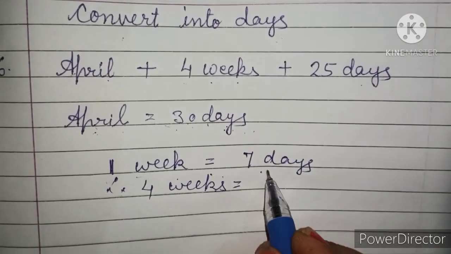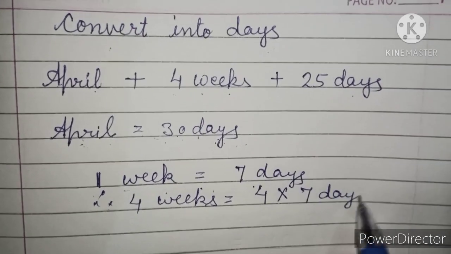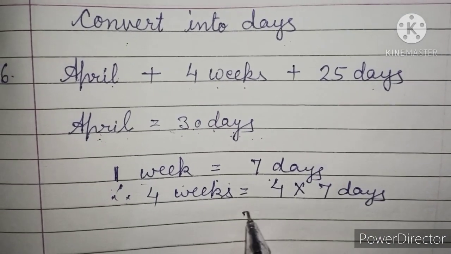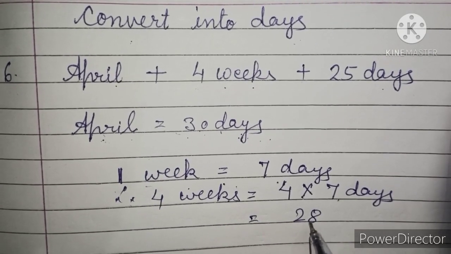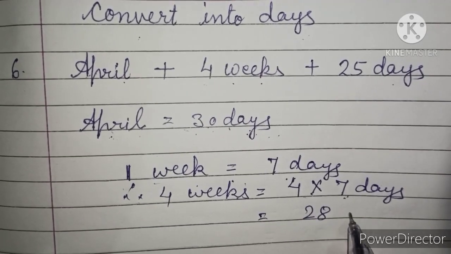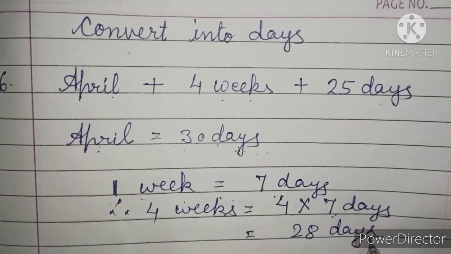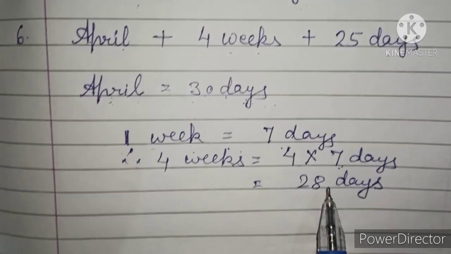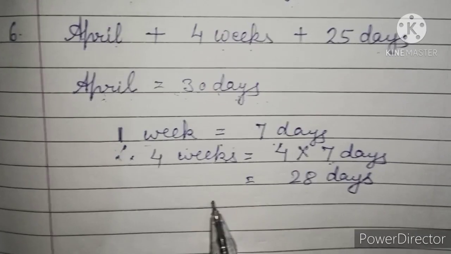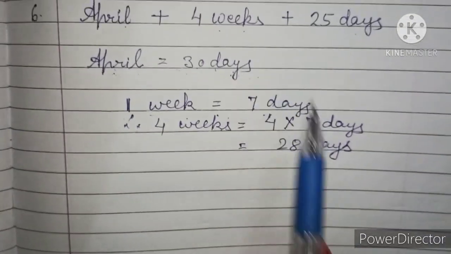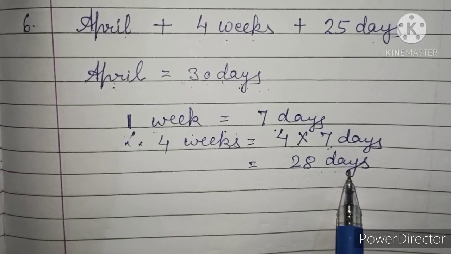So children, we have to write here 4 multiplied by 7 days. So tell me, 4 7s are 28. 4 7s are 28 days. Okay. Now you can see that I have also changed weeks into days. Clear?